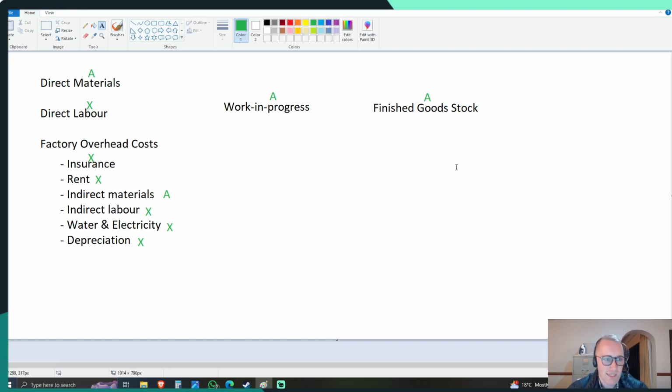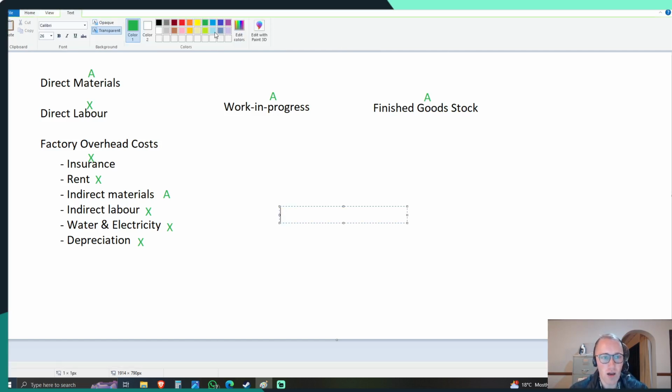So we've got 4 assets here: direct materials, indirect materials, works in progress, and finished goods stock. Why is that important? Well, it is important because we have opening and closing balances of these items. Any asset has an amount that you start the period with and an amount that you end the period with.